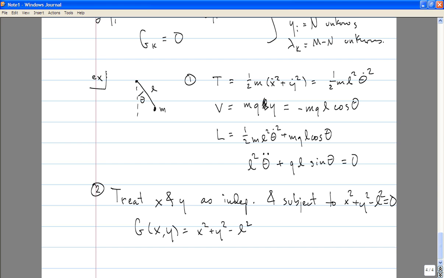So G is x squared plus y squared minus L squared, and the Lagrangian is equal to 1/2 m (x dot squared plus y dot squared) minus mgy.